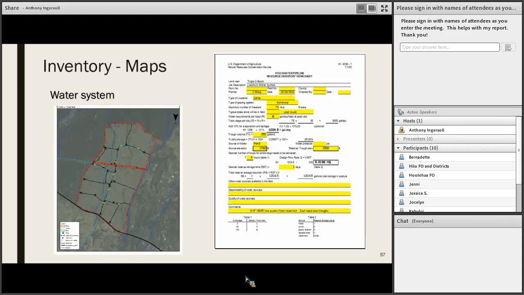We recently updated that standard. So now instead of giving you a table, it's going to give you some references to pull that number from. So it says refer to National Range and Pasture Handbook Chapter 6, or you can refer to state guidance, or you can refer to university publications.